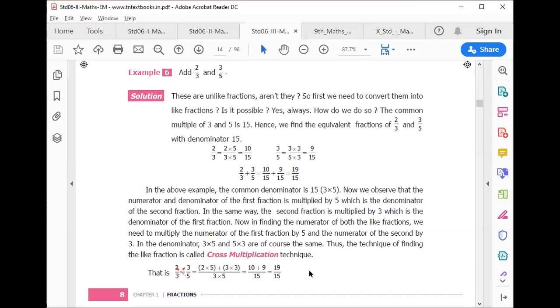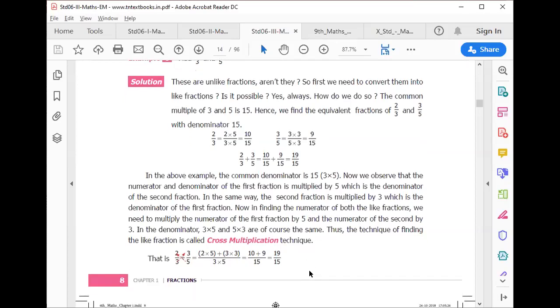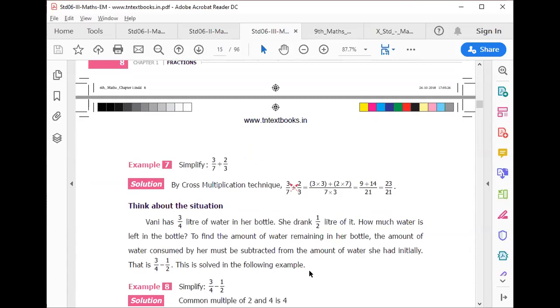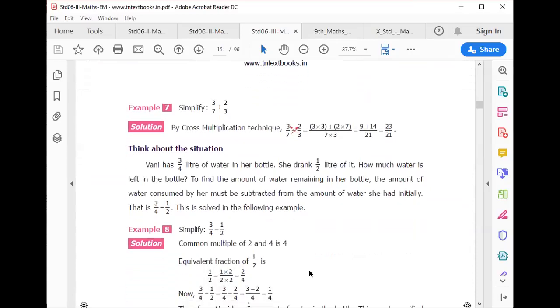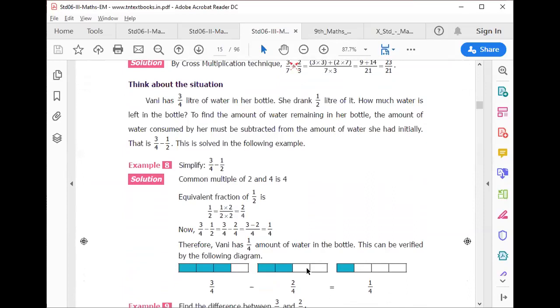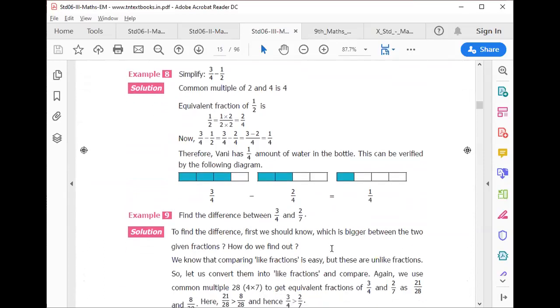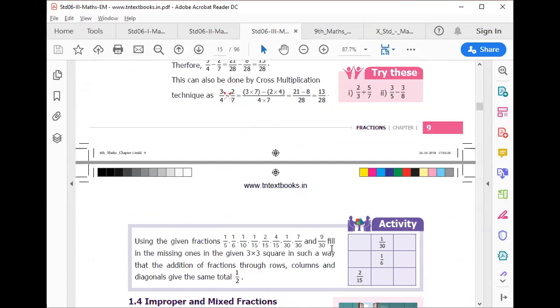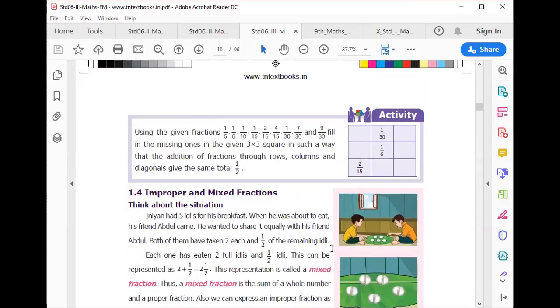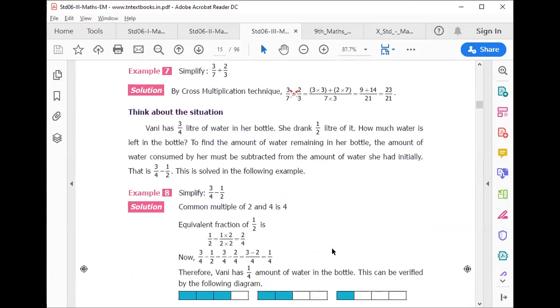What I found to be very interesting is they have shown only this. Now they have dealt with level 2 situation, and this is a classic level 3 situation. There is a level 4, which they didn't discuss here when they discussed addition and subtraction of unlike proper fractions.